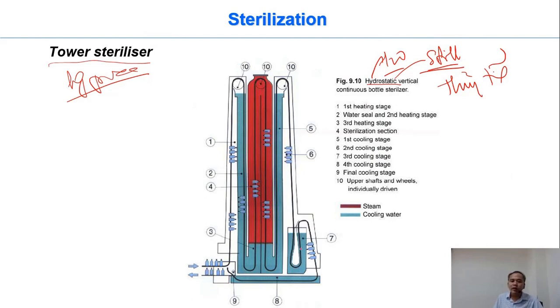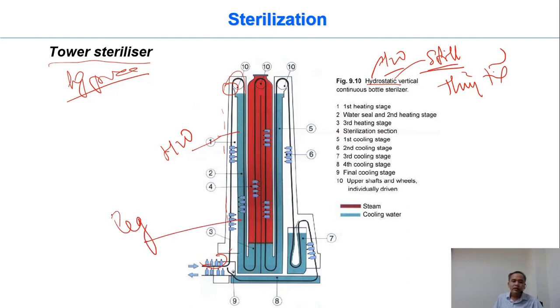But now you look at the tower, it's not a closed system. It's very open. Now the belt carries the bottle of milk or liquid product into the first column. You see, this is water, quite open. The first column contains water. Then let's go to the middle column.